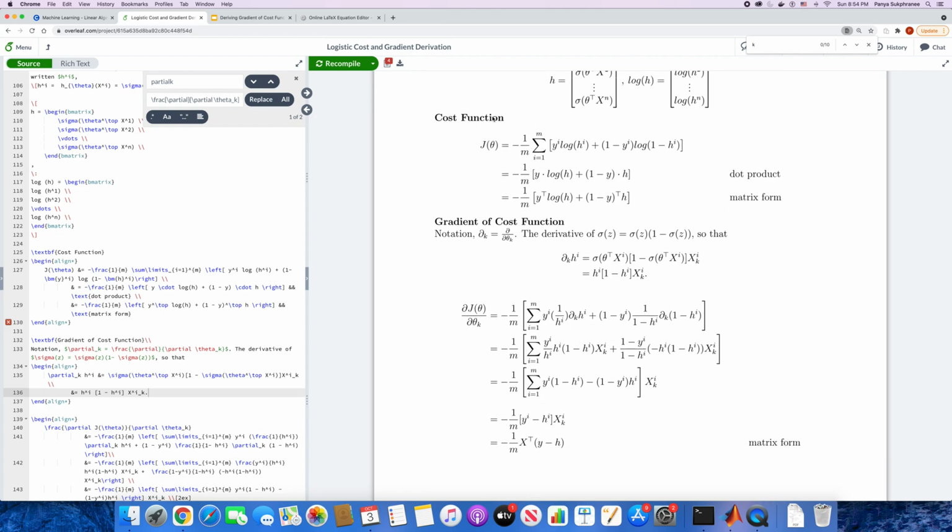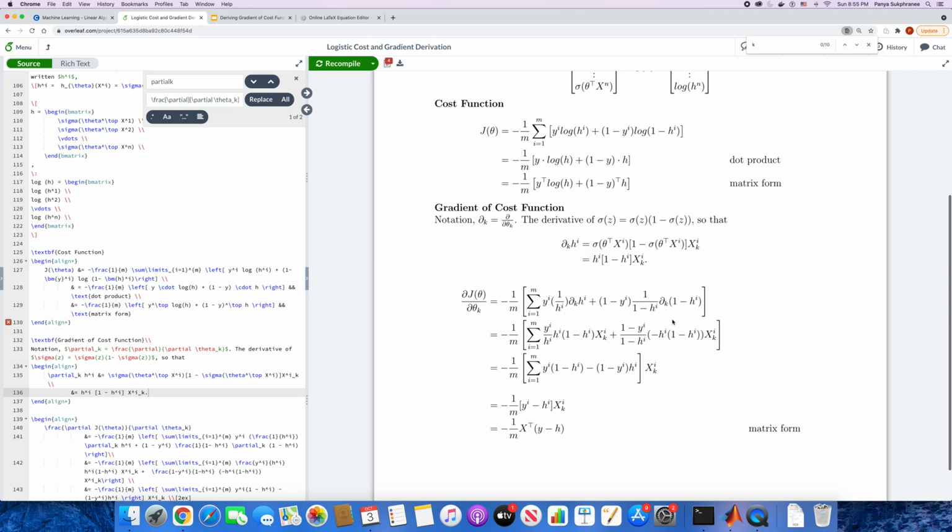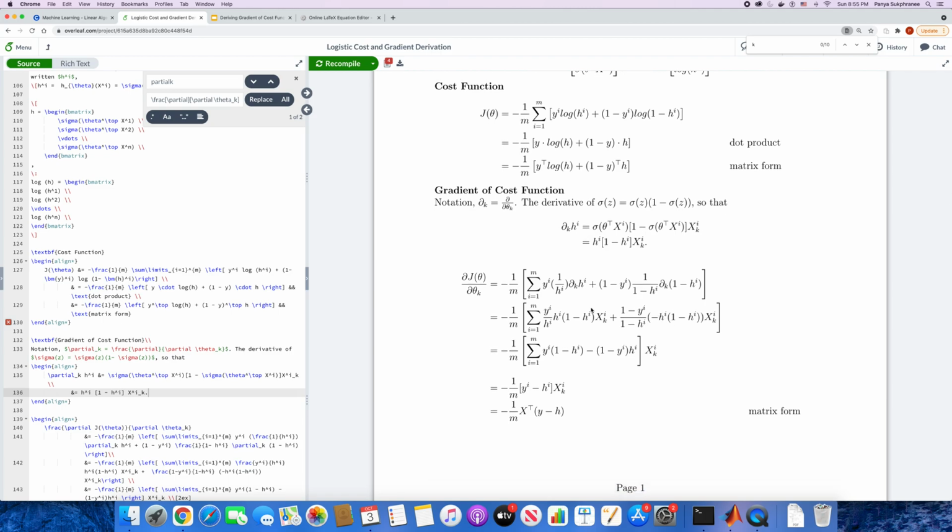All right, taking the partial of the cost function. Look at this cost function here. Inside the brackets are scalars, right? They're the entries of these vectors. So we just do regular calculus. We do a chain rule, product rule, and get this inside here. We replace partial k h_i with this, and its corresponding form for 1 minus h here.